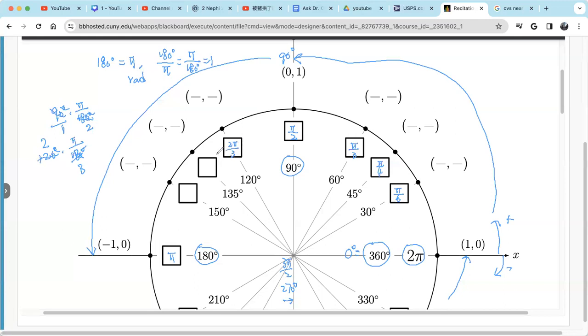Then 135, we could do the same thing: 135 times pi over 180. Both of them can be divided by 5.